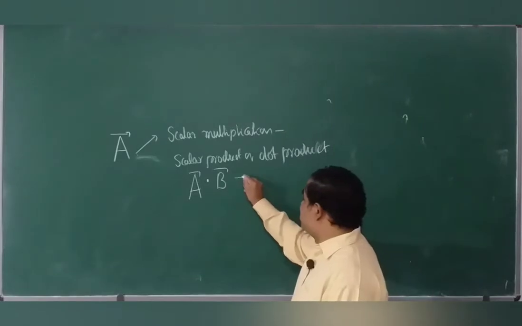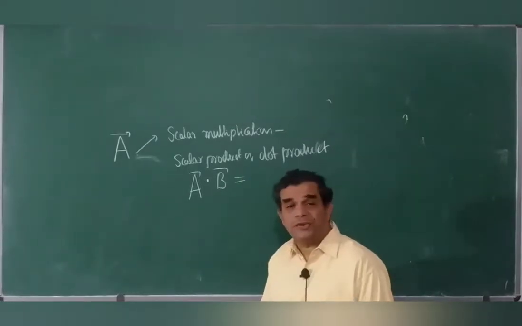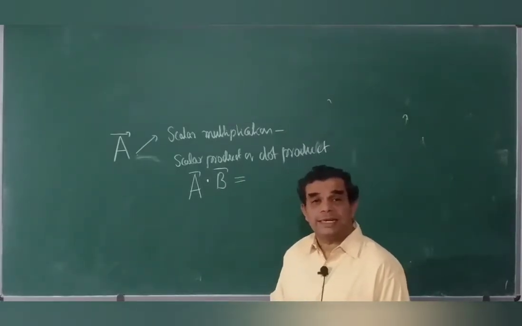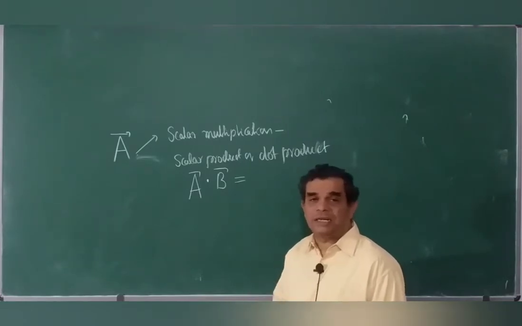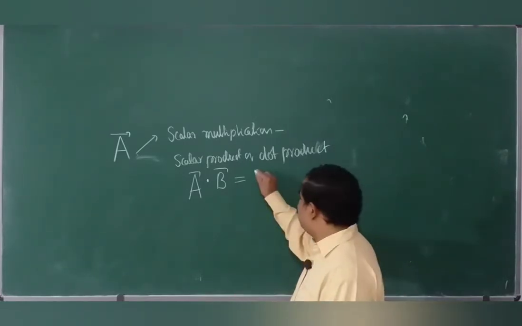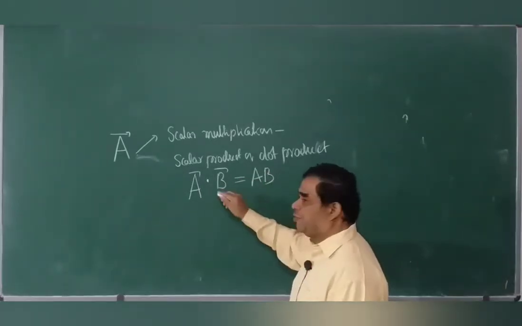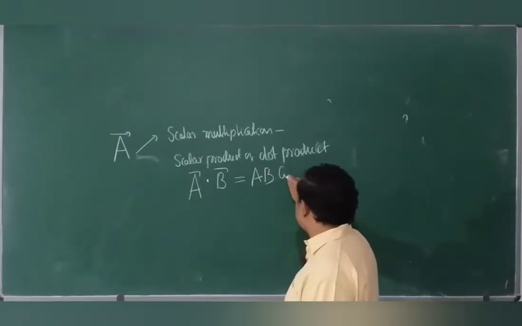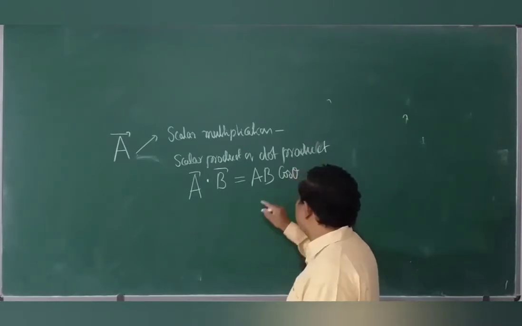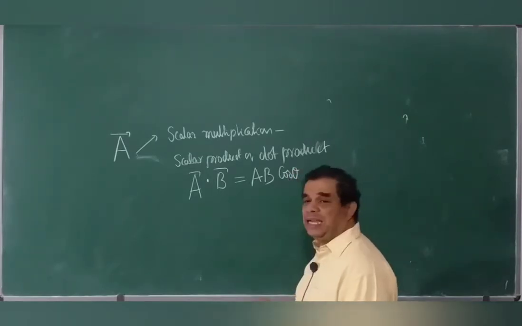And it is defined, observe, it is defined. You cannot ask why it is like that. It is defined. That's how we are saying it. A, magnitude of A, B, magnitude of B, cos theta, where theta is angle between them.